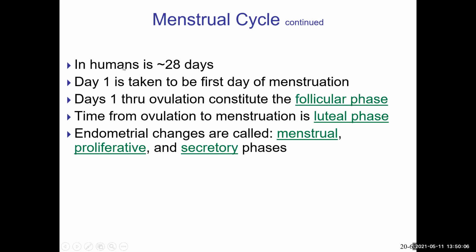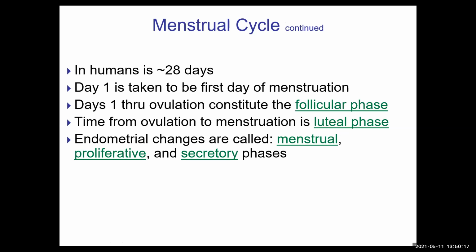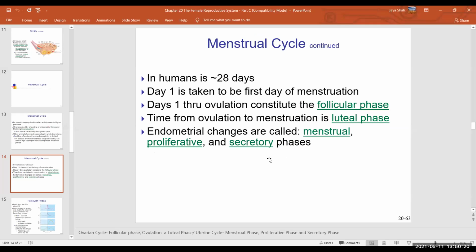So the menstrual cycle in humans is approximately 28 days. Day 1 is taken to be the first day of menstruation. And in the ovary, there are 3 phases. So what are they? In the ovarian cycle, we have the follicular phase, the ovulatory phase, and the luteal phase.